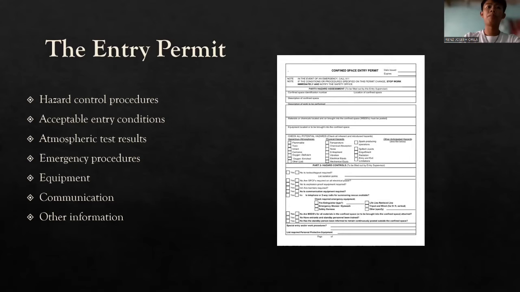Dito mo rin malalaman or mai-check na kung yung mga gamit mo or lahat ng mga required para gawin mo yung mga gagawin mo sa isang confined space tama.